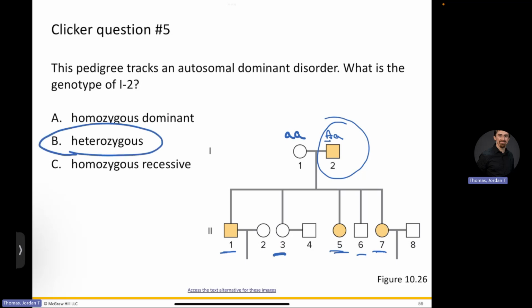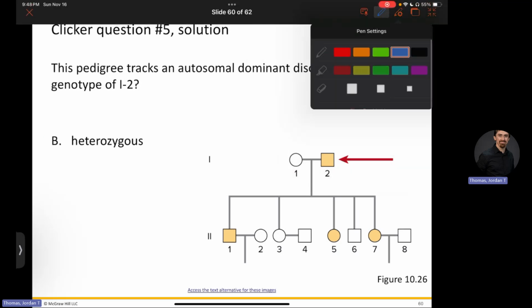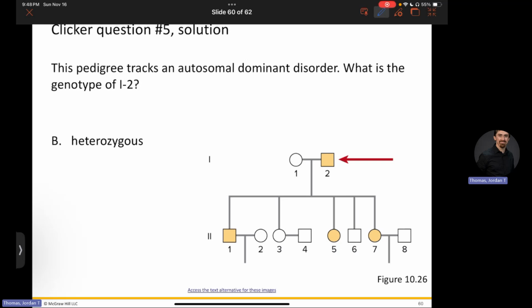But to change this up, say if this disease was recessive, if there's a little a, and this individual is big A something, in order for these offspring to get this disease, it needs to have a little a here.